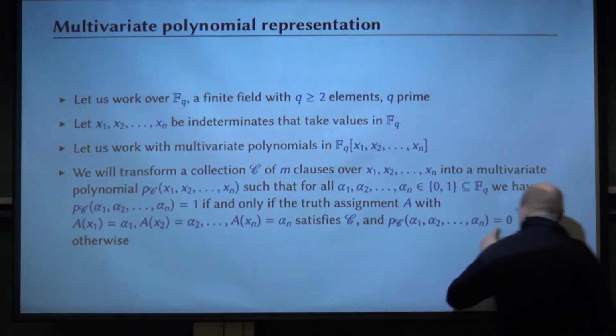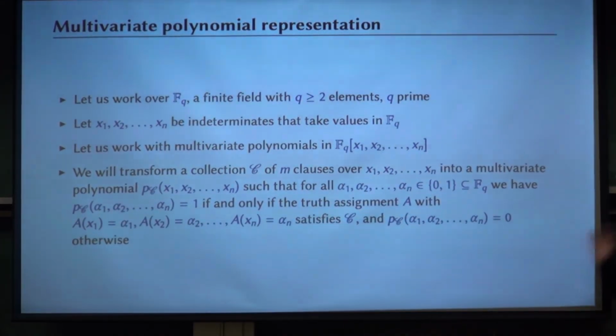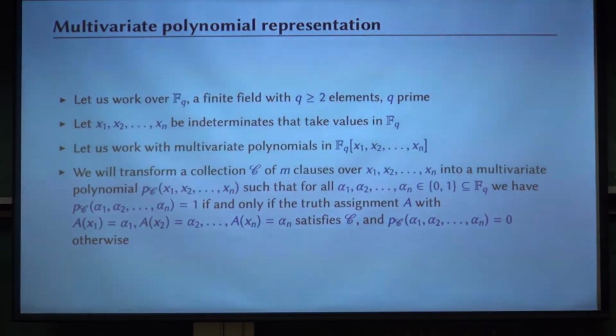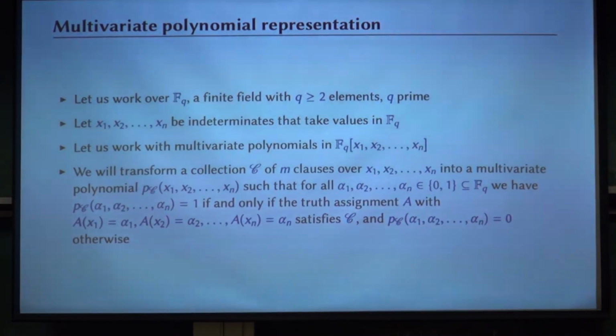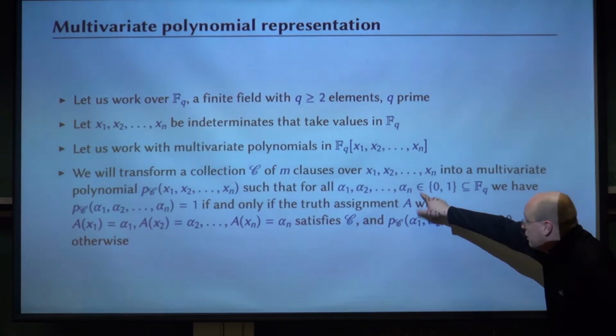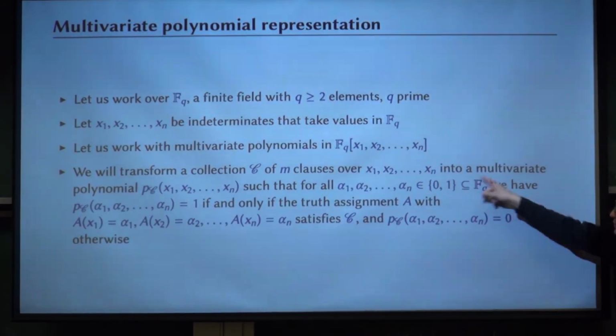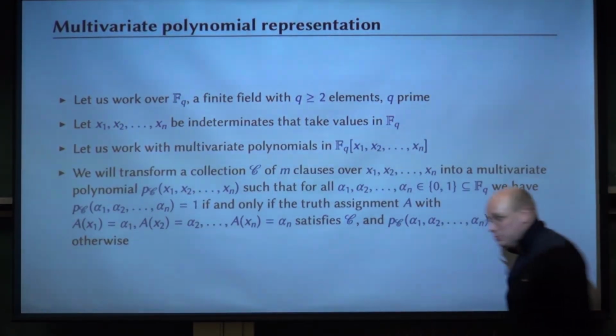And otherwise, we get a 0. So it's basically an indicator polynomial for the satisfiability of a particular assignment, as long as we work with 0, 1 values. Of course, we have the entire field here, so we will make use of that, but not yet.